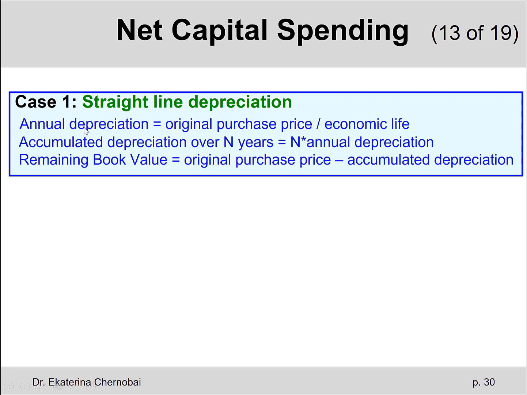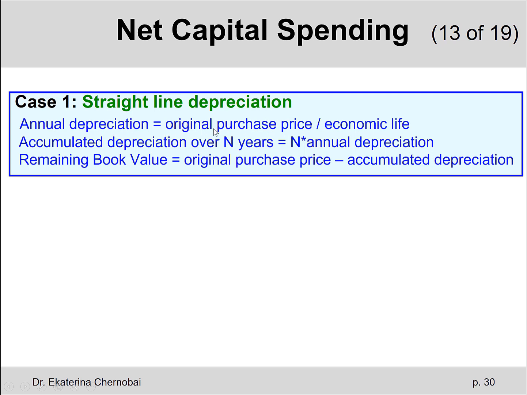To find the annual depreciation, you need to evenly distribute the cost of your asset over the asset's useful life or economic life. So let's say the useful life of some piece of equipment is 10 years, and that is given to you. Then you take the price that you will be paying and divide it by 10. So this gives you 1/10 of the purchase price in annual depreciation.